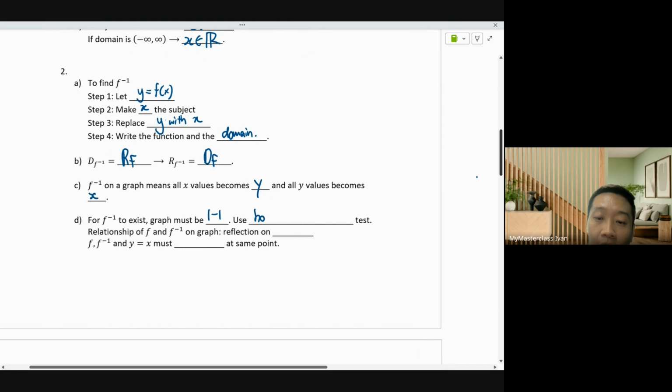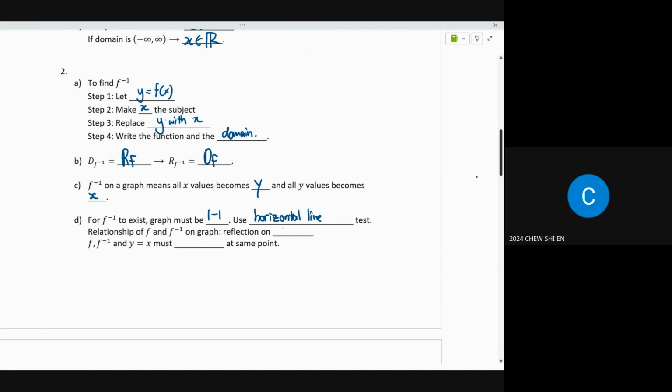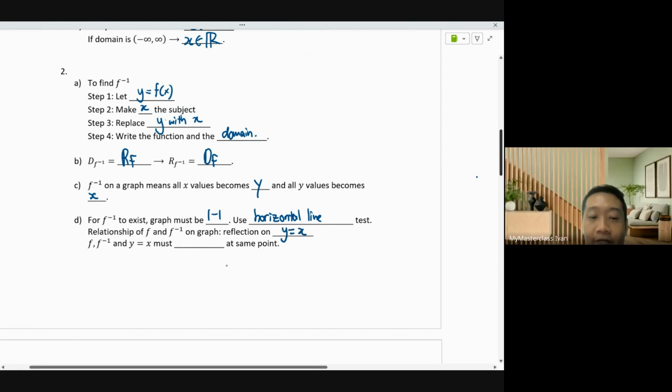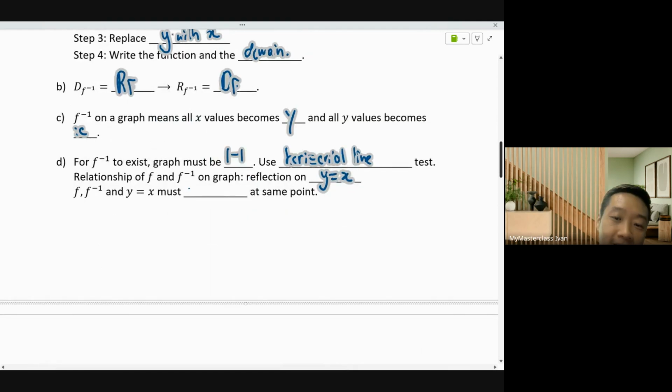Use a horizontal line test. Okay? The relationship of f and f inverse is a reflection on the line of equation what, Shiren? Y equals x. Very good. F inverse and the line y equals x, they must all intersect at the same point.